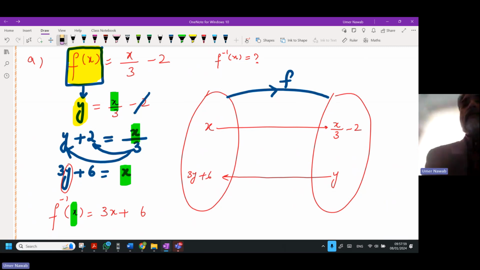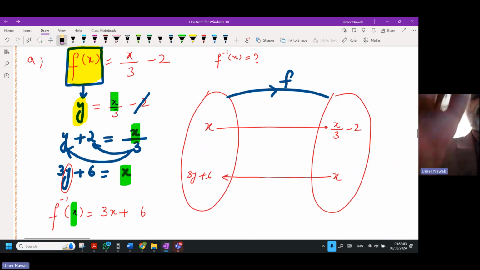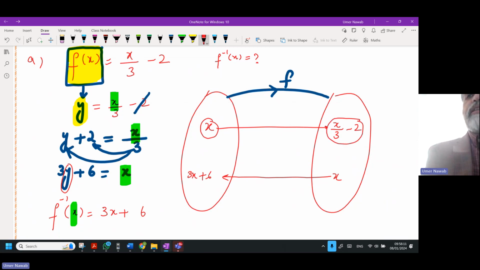Or if Mr. Omer writes x here, then this will be 3x plus 6. So if the input is given, you get the output like this. If the output is given, you get the input like this. But in both cases, you will see input and output are connected with each other.